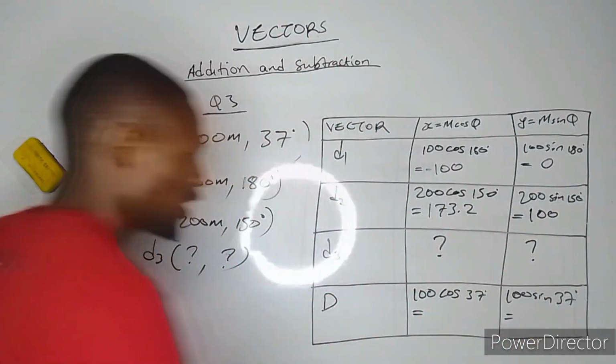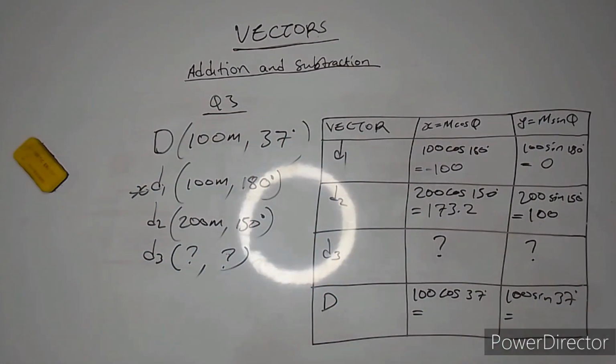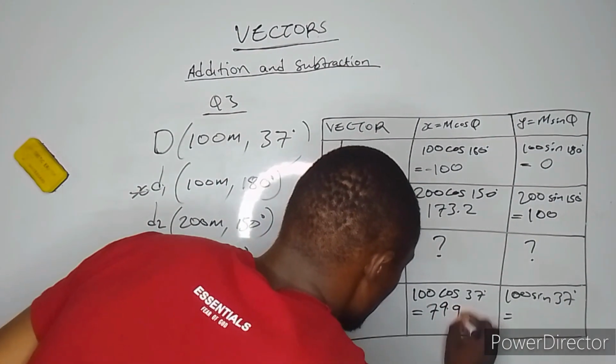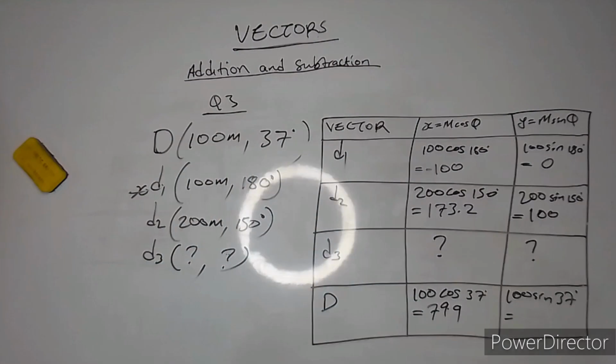This is according to my calculations. So try your method. You are free to try your method. Then D3 we are not given. Then D in general, I am getting 79.9, which is here, then the other one I'm getting 60.2.